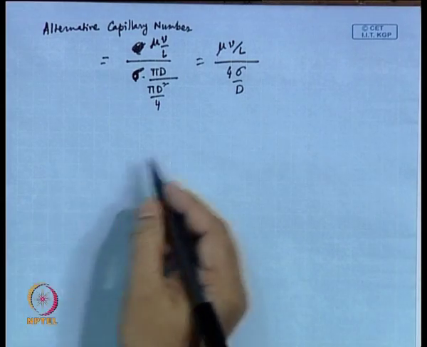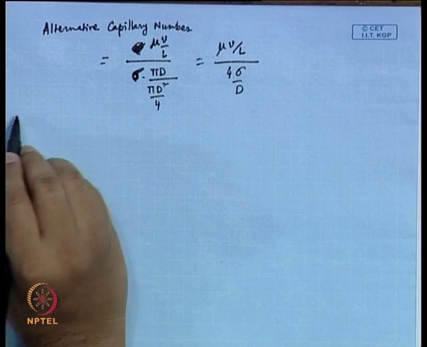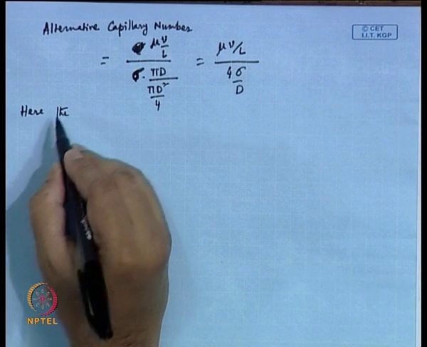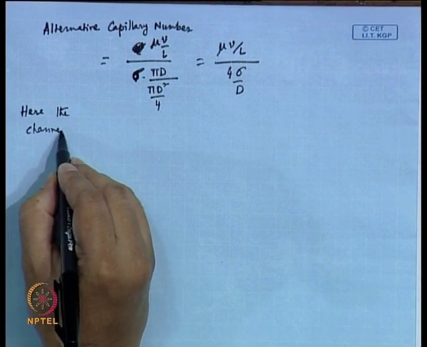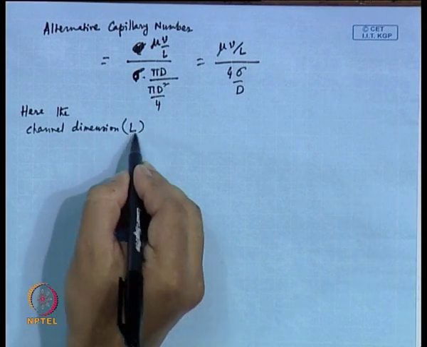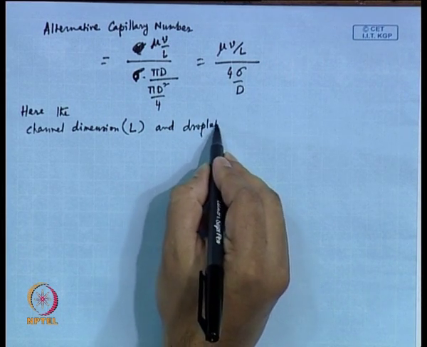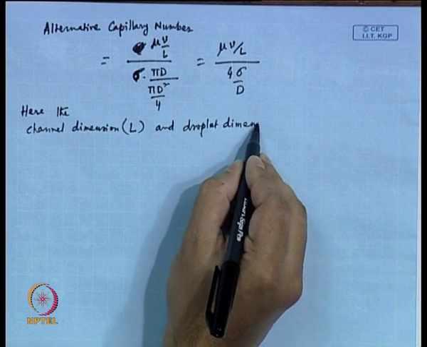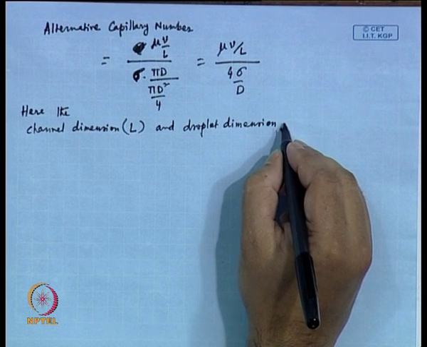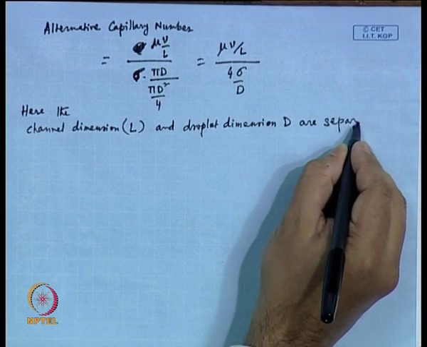Think about it. Now, the channel. Here the channel dimension L and droplet dimension d are separated.